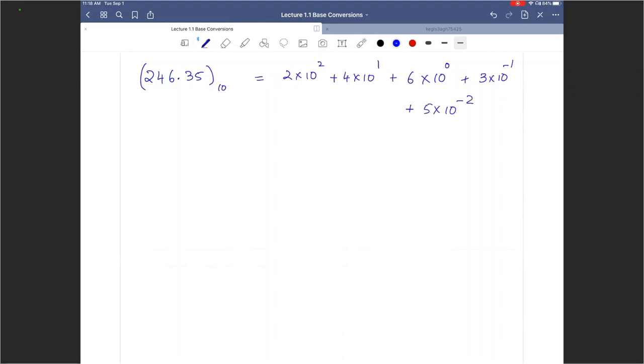That is your number. And what appears the most is decimal 10, right? They are all powers of 10. They increase on the left, they decrease as you go to the right of the decimal point.